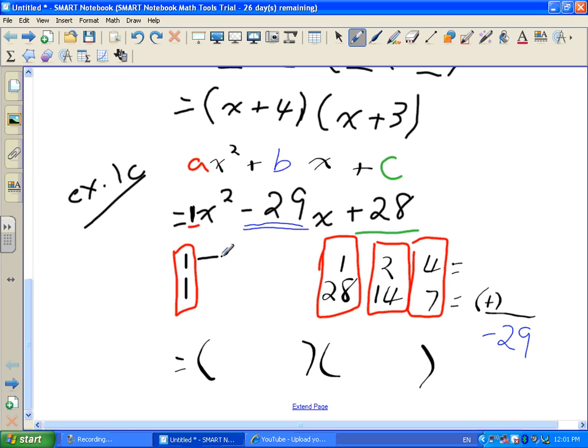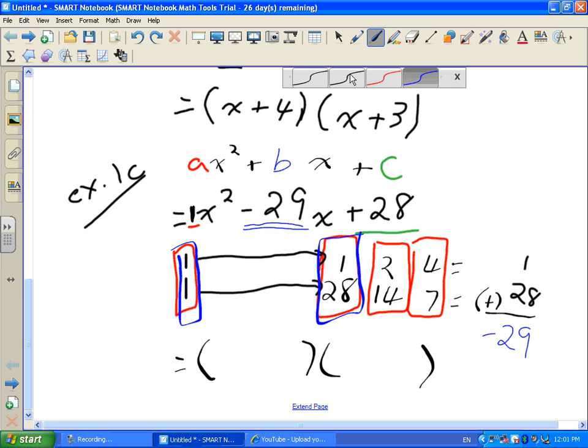So my first term, 1 and 28. Now we know if they're both negative, they'll make 29. Okay? We'll deal with that last though. But what's very important now is I want you guys to realize I'm using these 2 numbers here and these 2 numbers here.